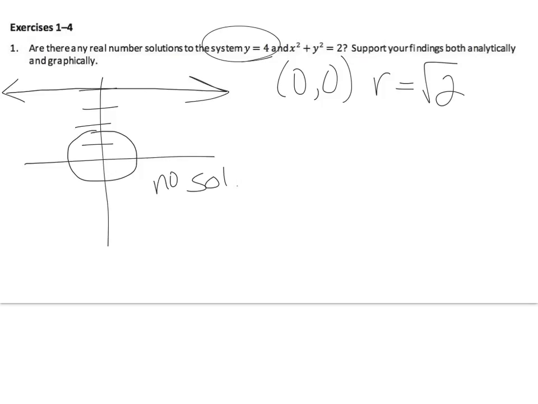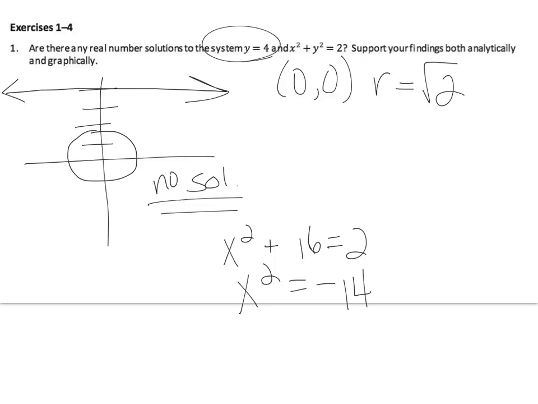No solution graphically. If I look at it algebraically, let's substitute it. x squared plus y squared, which is 16, equals 2. Subtract 16 from both sides, I get negative 14. Square root of both sides. I don't have a real answer.